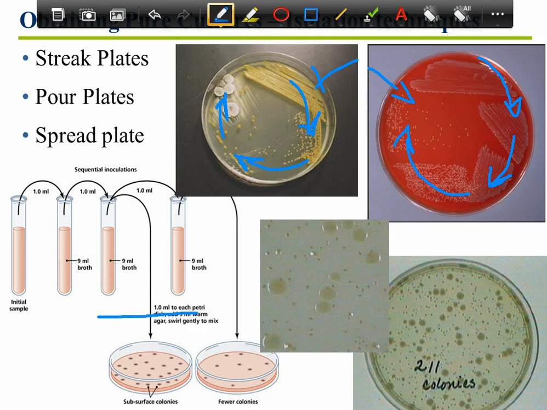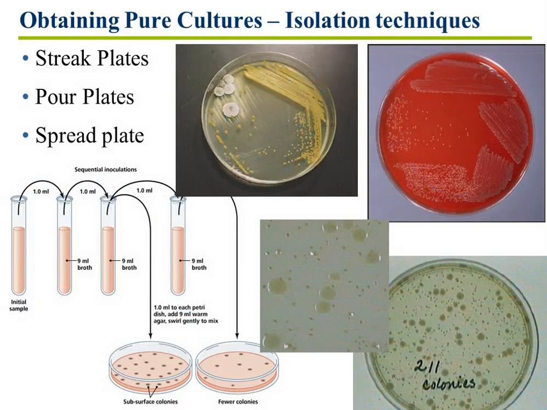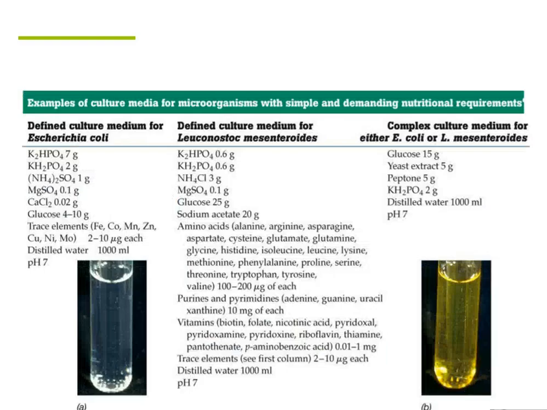You have to do something similar to that in a pour or a spread plate. You have to dilute out the specimen. And eventually then you make plates from these specimens. You have most amount of cells here, less even there, and least right there. So 3 different ways to do isolations.